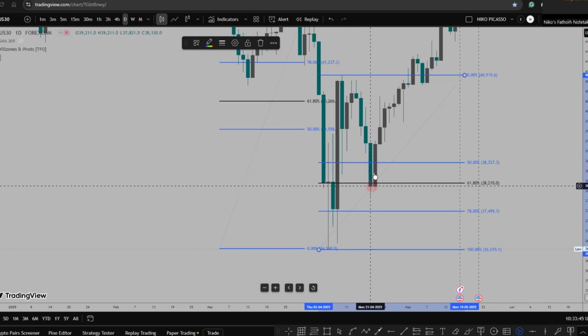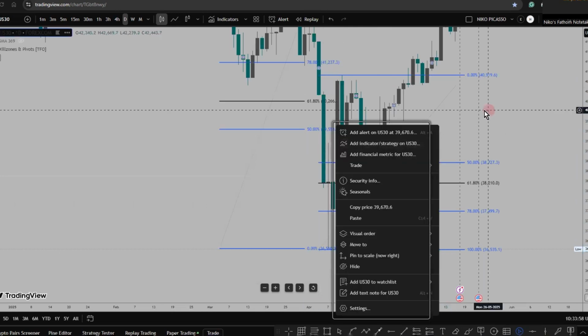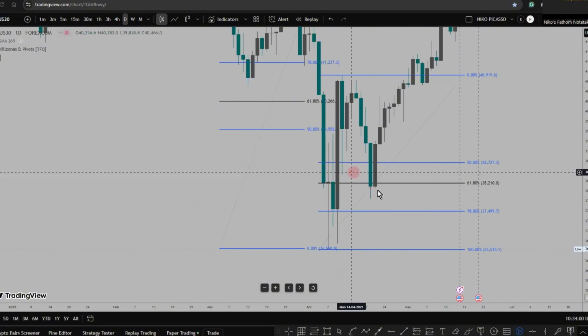Obviously, this is where we get out, because this is a tweezer pattern, and it's probable that the market is going to go higher. Plus, we had a fractal break of structure here with this candle, and it's also a W pattern with the second leg higher.